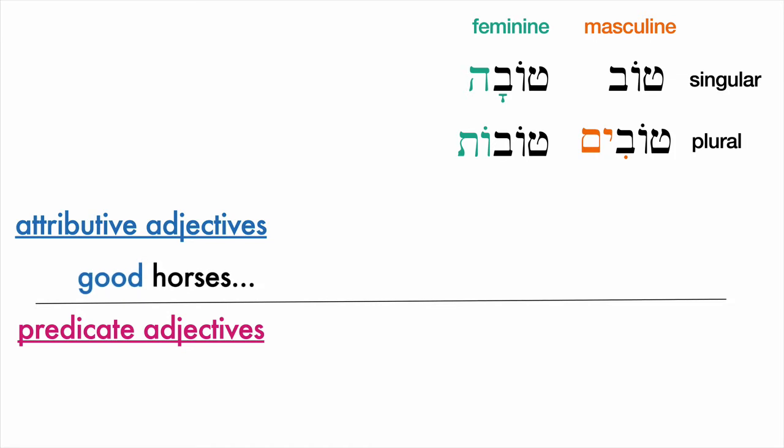Now let's look at some examples with the plural. The exact same principles will apply. Good horses will be susim tovim. Susim is the plural for horses, and the adjective tov follows it. And because susim is plural, we have to use the plural form of tov, tovim.